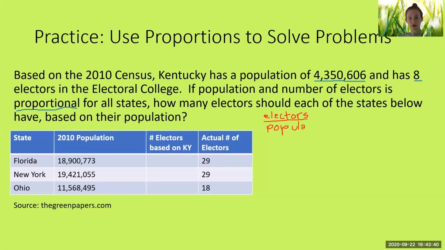My first ratio will be that ratio about Kentucky. I'll be doing 8 electors in Kentucky, and Kentucky has a population of 4,350,606.